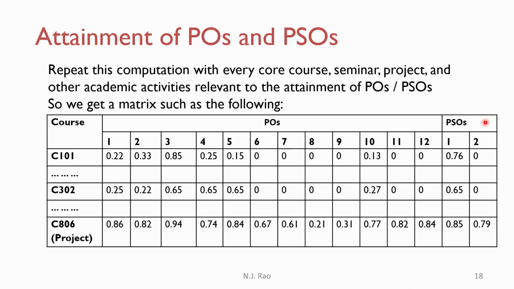So, you have to take the average across all the rows for each column. Then by looking at this matrix, we will also know where we are generally in our present way of conducting the program. If it is not satisfactory with respect to some of the POs, that becomes an indication that we need to do something about that.